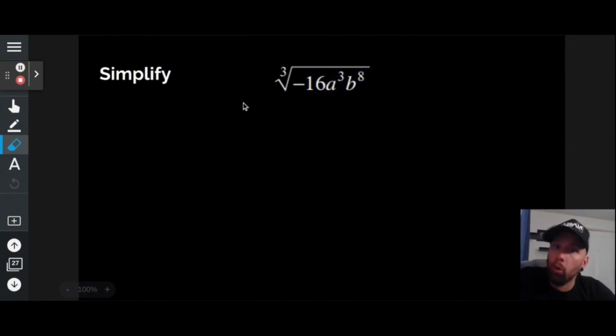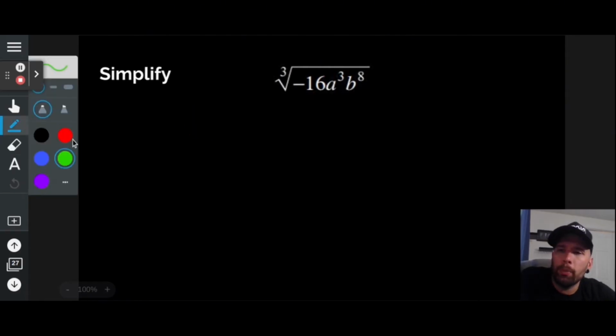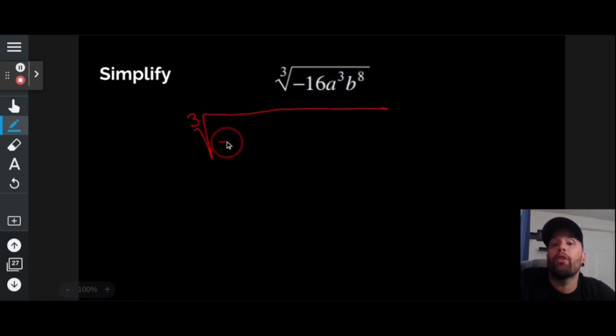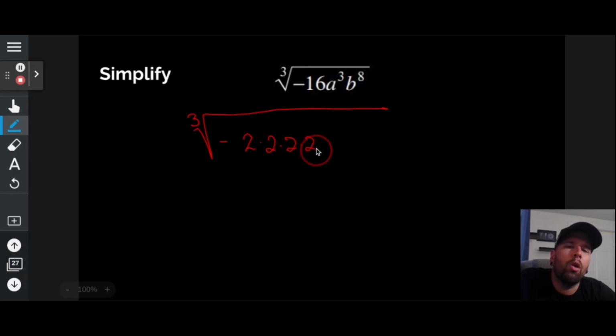All right, so, cube root. So cube root follows the rules a little bit differently. So let's cube root it. I don't need to make a factor tree for 16. I know, first off, negative. 16 I know is going to be 2 times 2 times 2 times 2. Who wants to be annoying? Me.